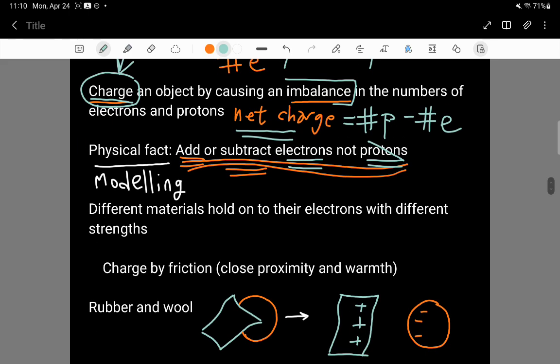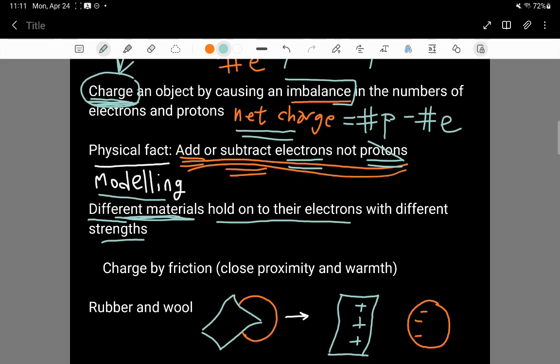So, when you are thinking about charging up your object, when you're thinking about adding and subtracting electric charge, it's useful also to realize while you're modeling that different types of materials, like even different types of plastics or different types of natural materials, like the difference between fur and wool, even those different materials hold on to their electrons with different strengths.